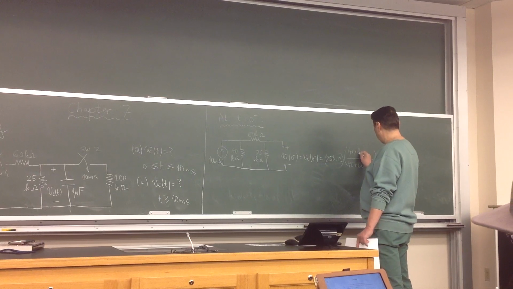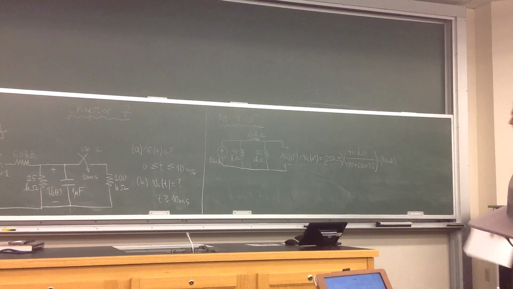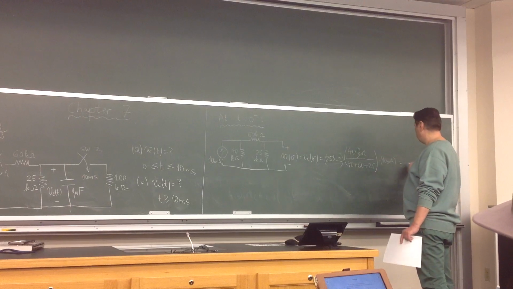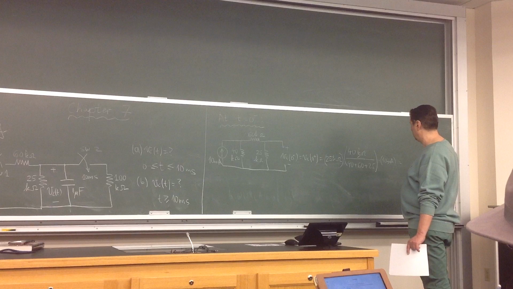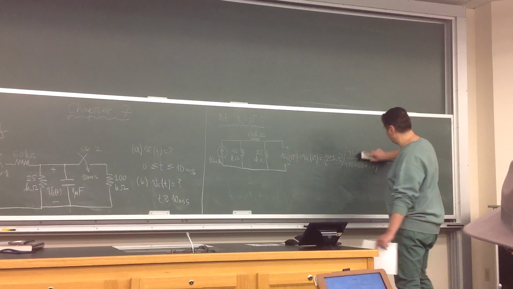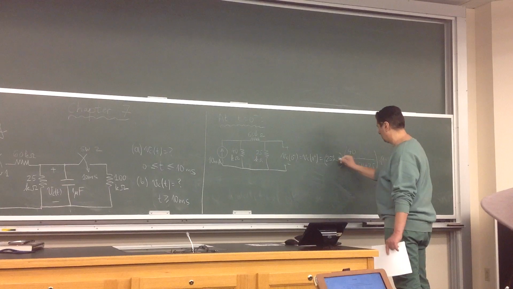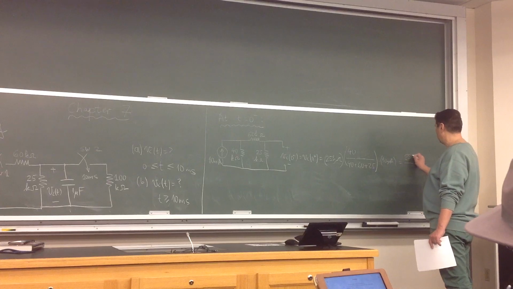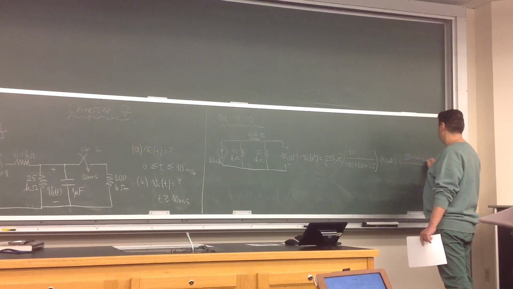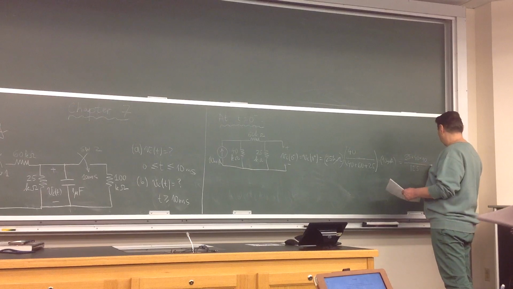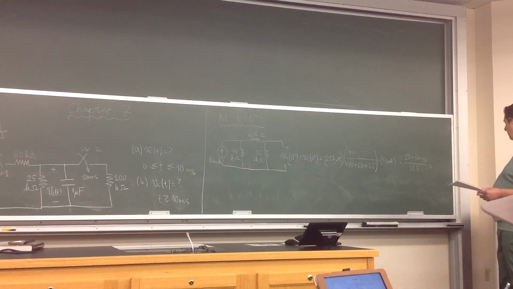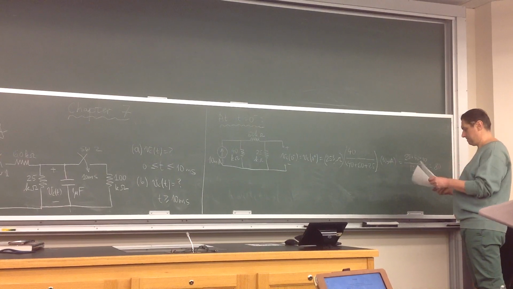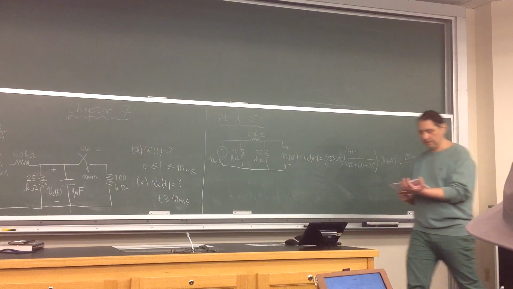The kilo ohms cancel against the milli, so you have 25 times 40 times 10 divided by 125, which gives you 80 volts. This is what you get, okay?